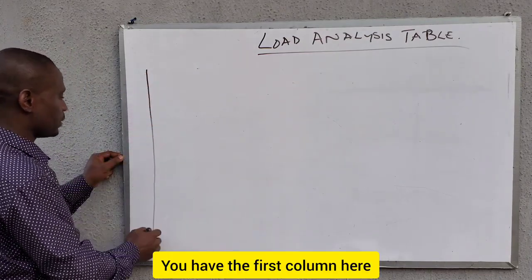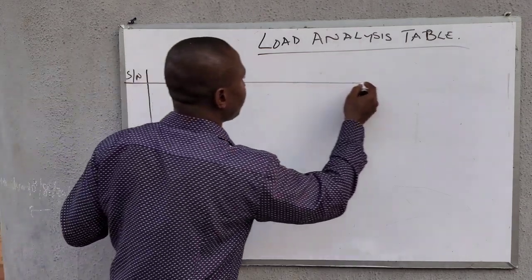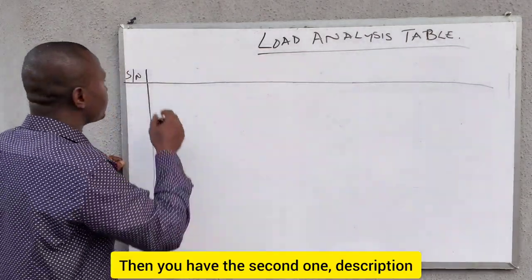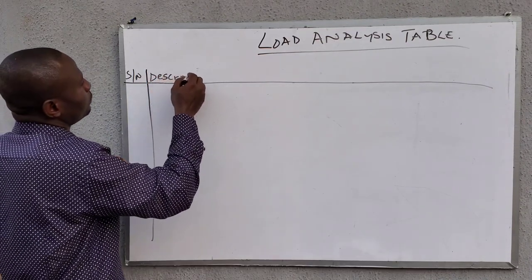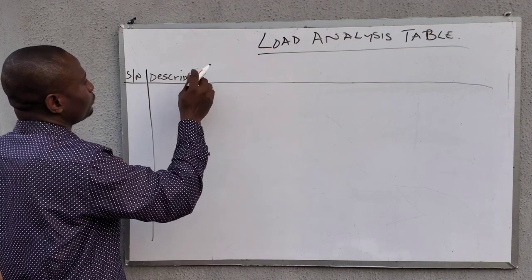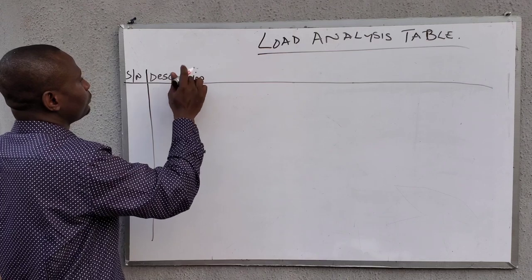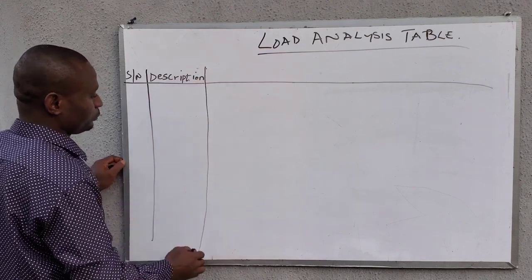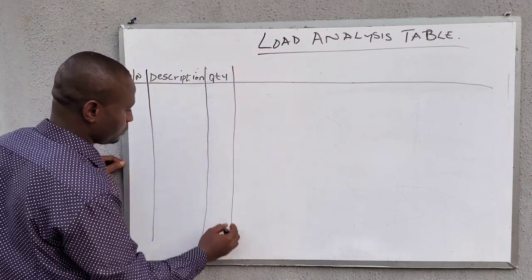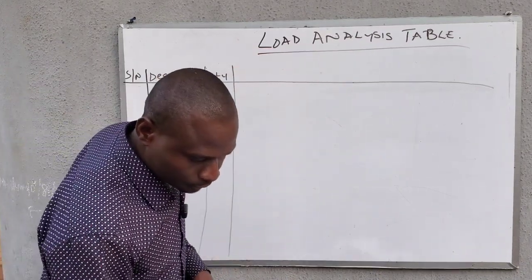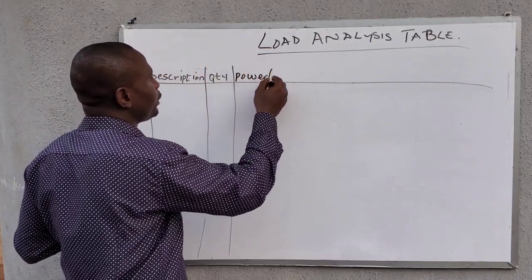You have the first column here. We call it SN, the serial number. Then you have the second one, description. Then the next one is the quantity. Then the next one, you have the power in watts.